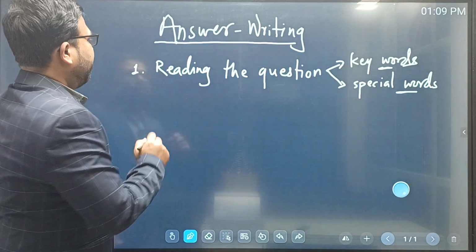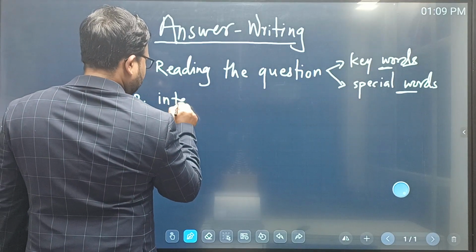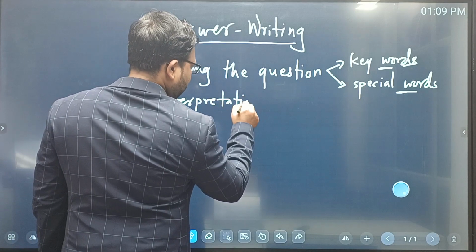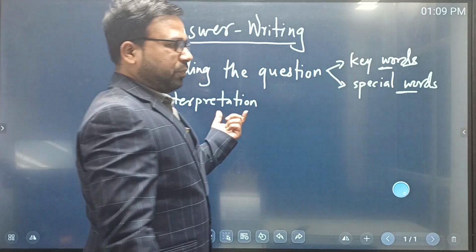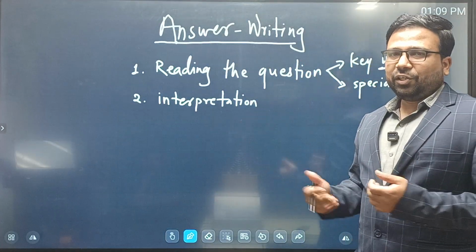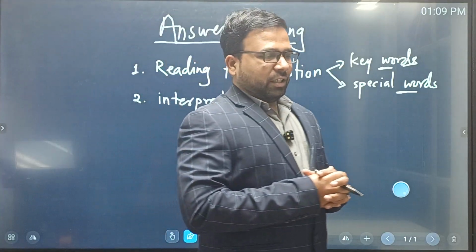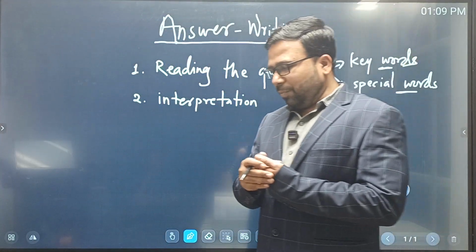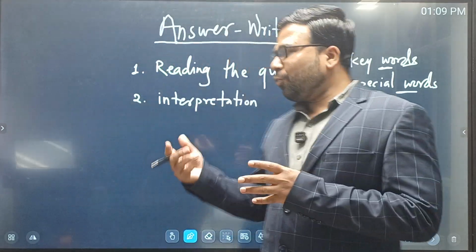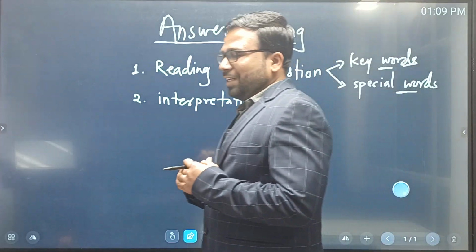After reading the question, the second component is interpretation. This is very, very crucial, because if you read the question but interpret it wrongly, then the 7 minutes you are going to consume next will not come back in those 3 hours, nor will the space you occupy to write the answer come back.